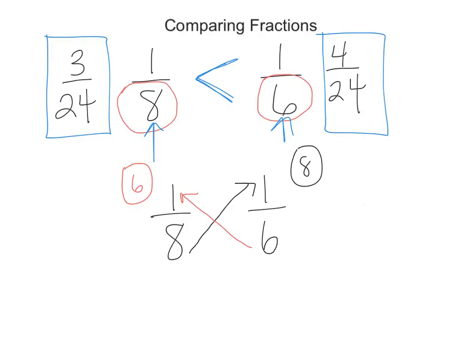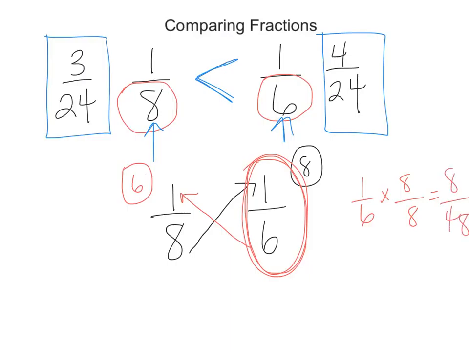And I'm going to look at my two numbers that I got for my multiplication. 6 is smaller than 8. So if 8 is the bigger number, then the side with 8 has the bigger fraction. So 1/6 is larger.